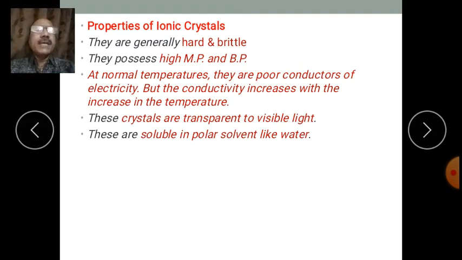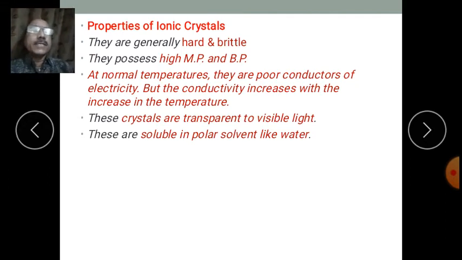That is why the conductivity increases. The crystals are transparent to visible light, and they are soluble in polar solvents like water, isn't it? Such types of crystals are soluble in polar liquids like water.